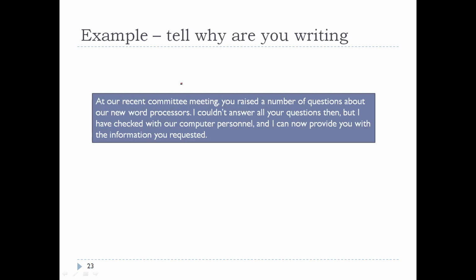The second one, why are you writing? Why you as the writer, why you are writing? So we said that this works really well in memos or in letters or emails. Okay, so here's an example from a memo or an email. So at our recent committee meeting, you raised a number of questions about our new word processors. I couldn't answer all your questions then, but I have checked with our computer personnel and I can now provide you with the information you requested.